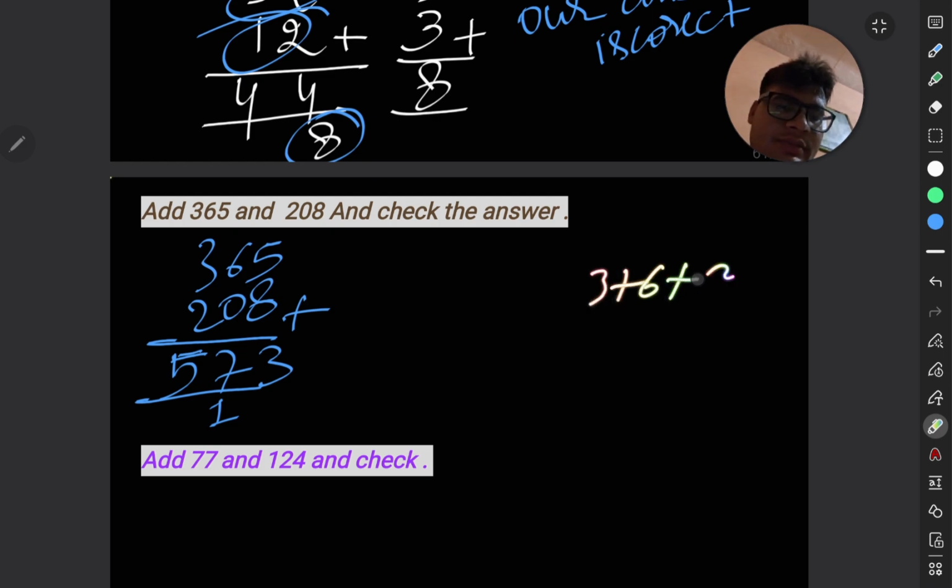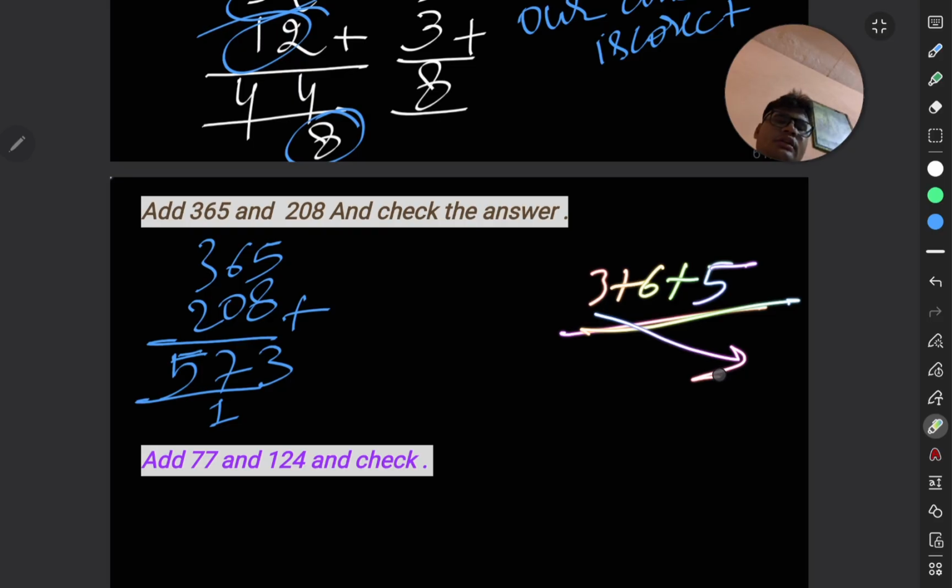There is 365. 3 plus 6 plus 5. What will be the answer? You have studied in the previous class that if there is a 9 available in the number, we can cast it out. But in these figures, 3, 6, 5, there is no 9. What you notice is that if two or more digits add up to get 9, we can cast out those figures.